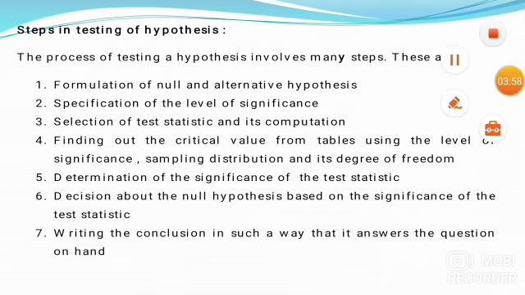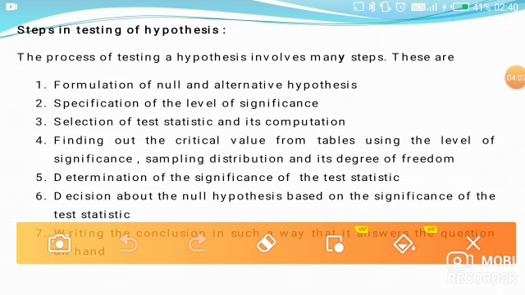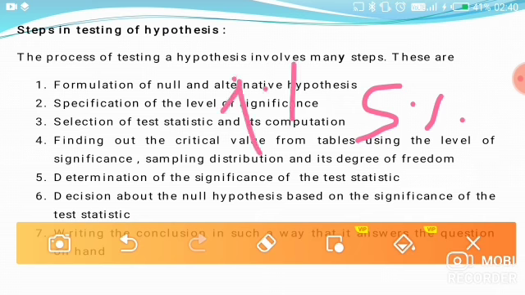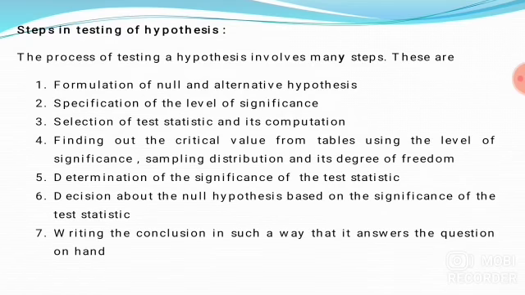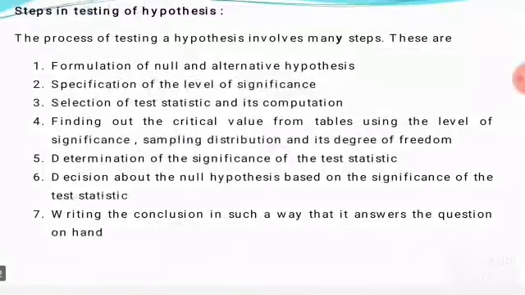In agriculture, the level of significance is mostly 5%, and for some types of observation it is 1%. The third is selection of the test statistic and its computation. Maybe a Z test, maybe a T test, maybe an F test.